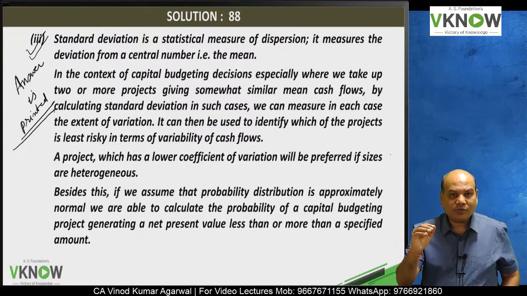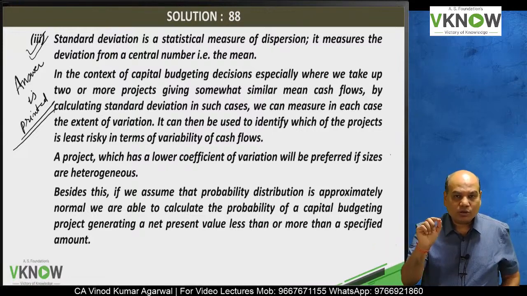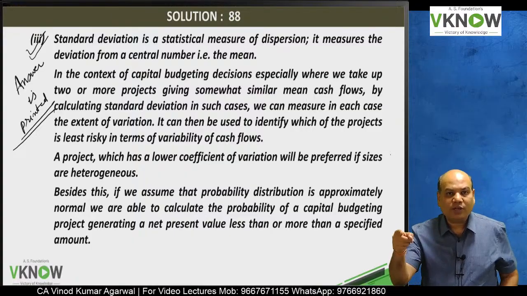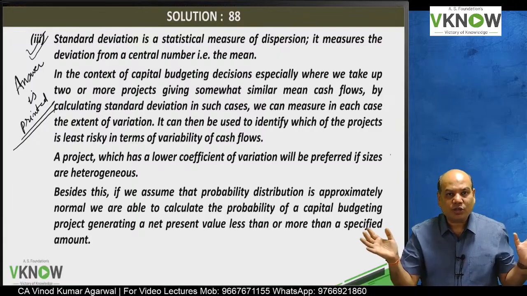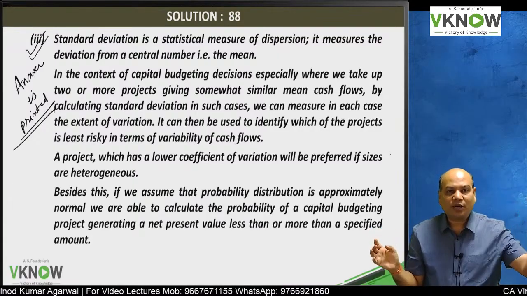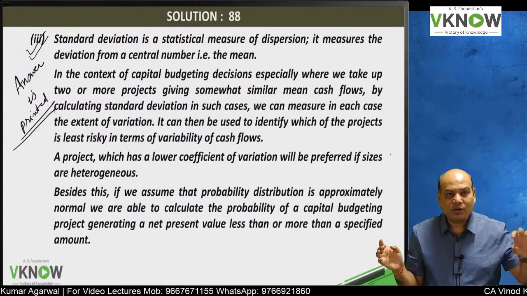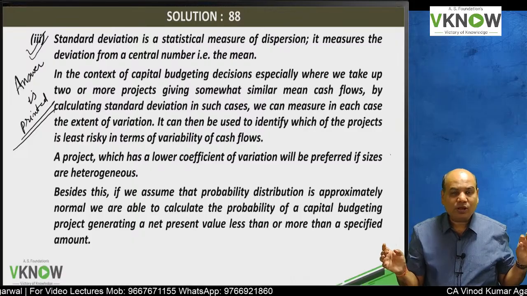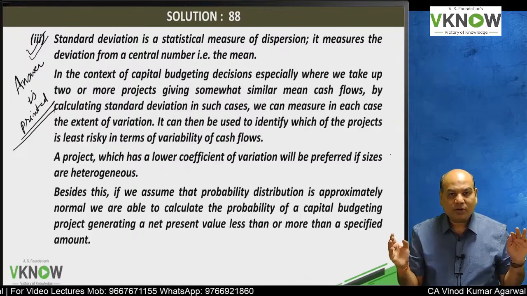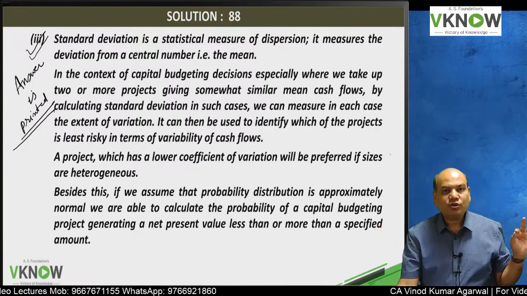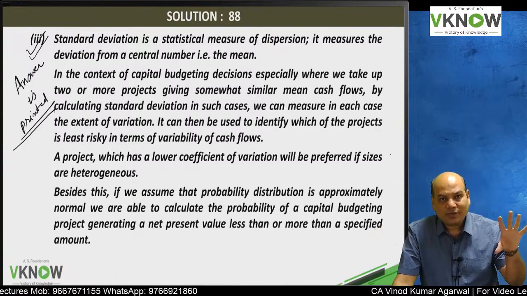Second benefit, which we have seen today, is that you can use standard deviation to compute the coefficient of variation in case of heterogeneous projects. What is heterogeneous? When the expected NPV and standard deviation are both different, then you can compute the coefficient of variation, find the relative riskiness of the project and choose the one with lower relative risk.